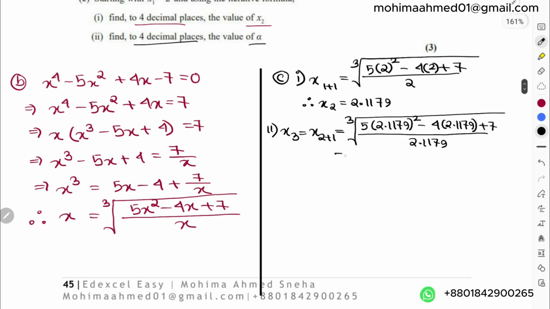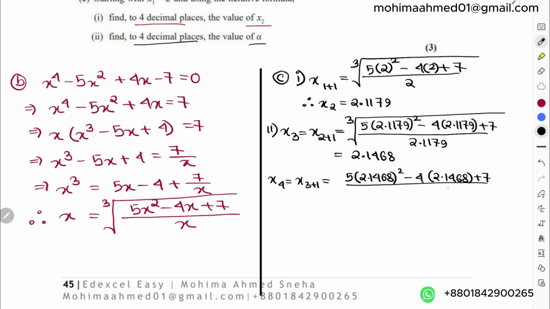So from here you get x3 as 2.1468, and then again x4 is from x3: 5 times 2.1468 whole squared minus 4 times 2.1468 plus 7 divided by 2.1468, cube root. So you get 2.1541.